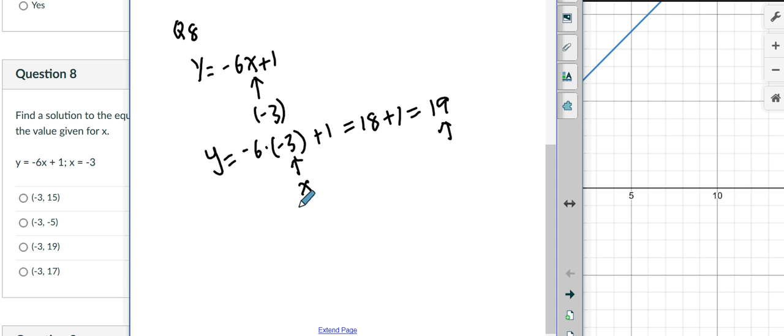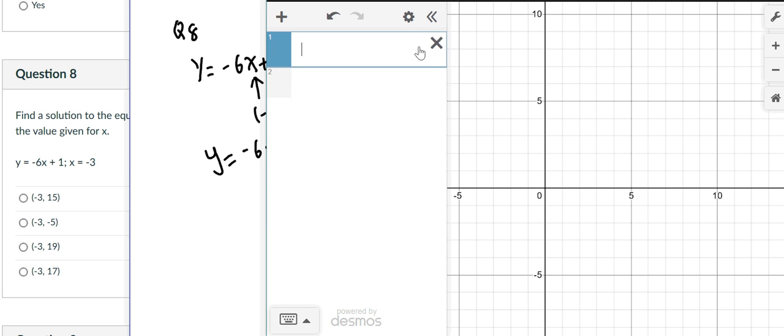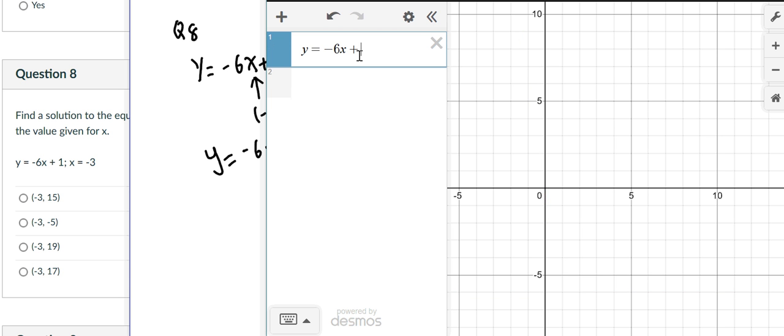So then as x is -3, y is 19. So which one is your choice? Number 3. Okay. And then you may use Desmos one more time to confirm. If it's the solution, then it should be on the line. So you may do y equals -6x plus 1.